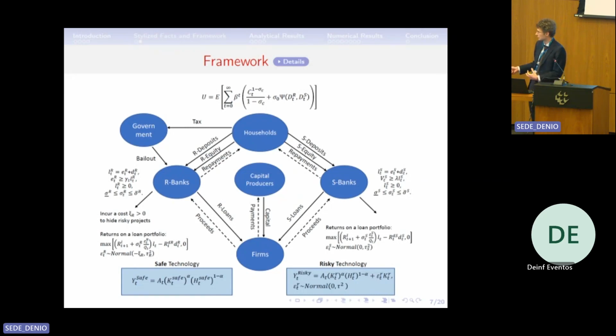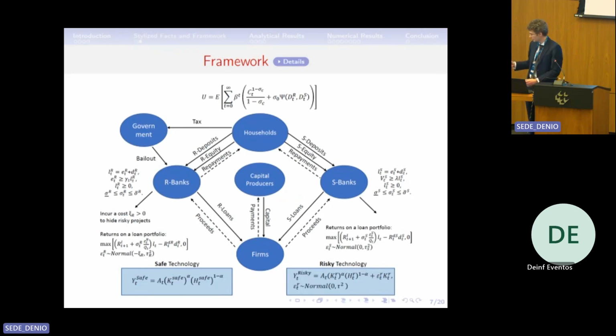This is controlled by this inequality. And this is the minimum scale assumption that I use for the estimation and solution of the model: the share of risky projects is between sigma lower bar and sigma upper bar, but you can think of these boundaries as close to 0 and 1. So these assumptions are not binding.